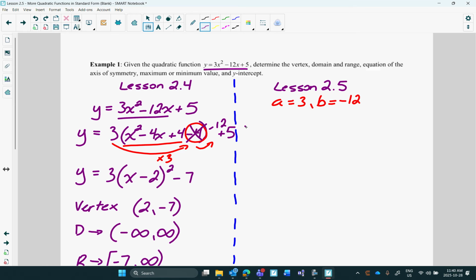So to find the vertex, I use negative B over 2A, or B over negative 2A. It means the same thing. So that means I get negative 12 over 2 times 3. What does that work out to? Negative 2? 2. Positive 2.